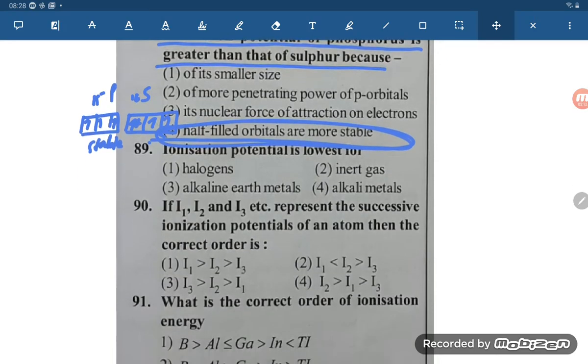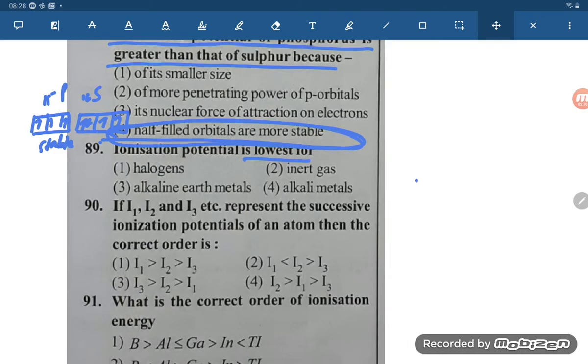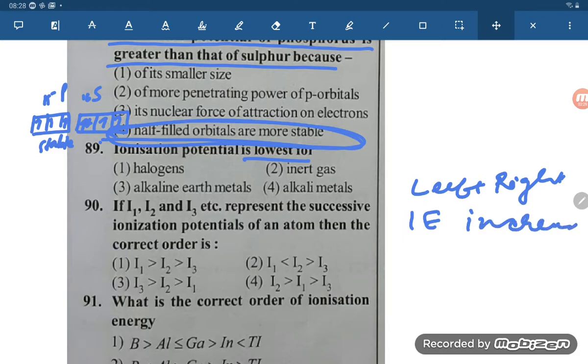Okay, now let us move to the next question. Ionization potential is lowest for. Students, from left to right, IE increases. Now we have to understand which group is where. Extreme left side is alkali metals.